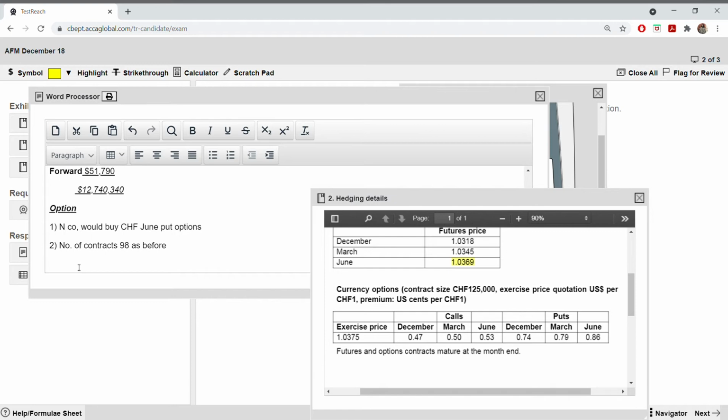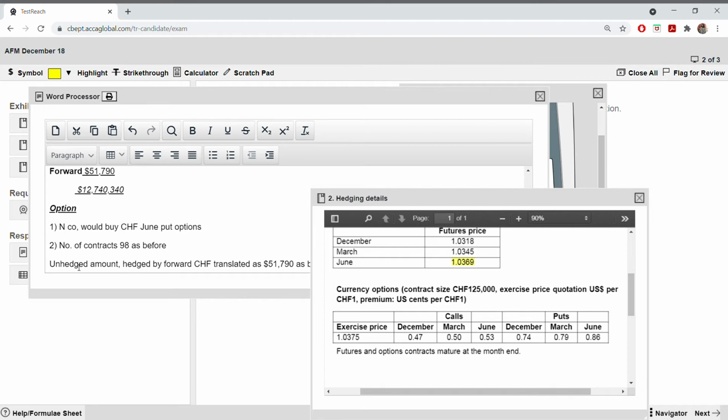Okay, so unhedged amount hedged by forward, CHF, the Swiss franc translated as how much it was, $51, same, because here also the difference will be 51,000 Swiss franc only as before.